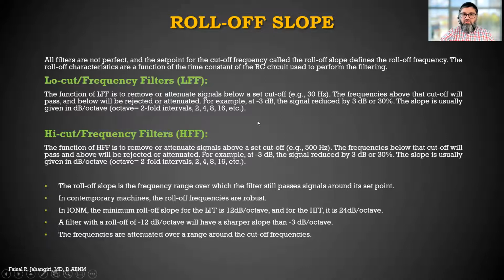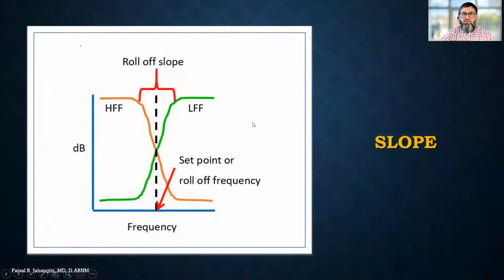So whatever frequency we set, high cut or low cut, the frequencies above and around that point are all affected. In the picture of this slope, we can see the orange high frequency filter: I have high decibel, and as the frequency increases, the slope decreases. For low frequency filters, as the frequency increases, the decibel increases, the slope increases.